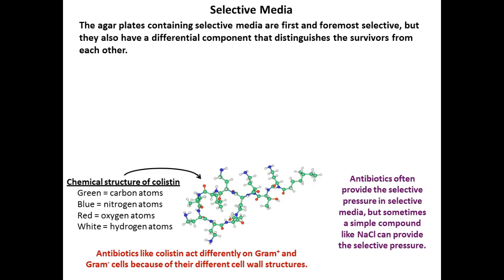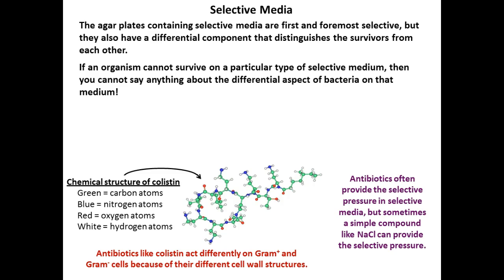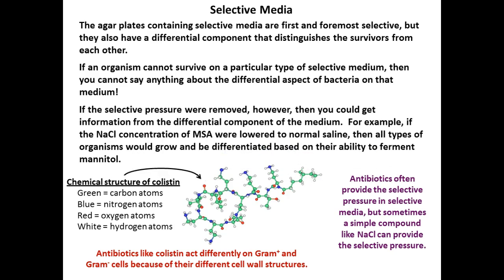And then we also looked at how resistant they are to high salt concentrations, and for a lot of you guys, I added in the high salt concentration component, right? It's not just that this media has salt. It's the fact that the MSA has a higher than normal concentration of salt. And that's an important factor. Right? So if an organism can't survive, as I said, we can't differentiate.